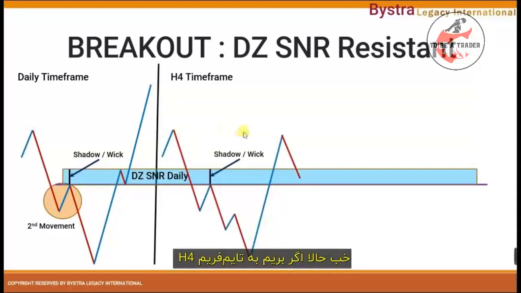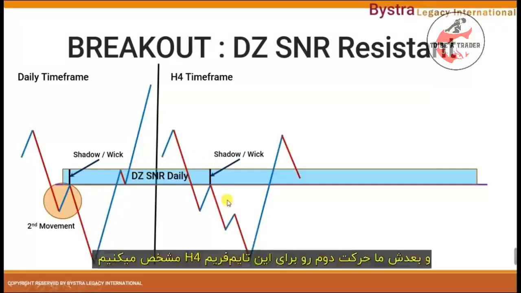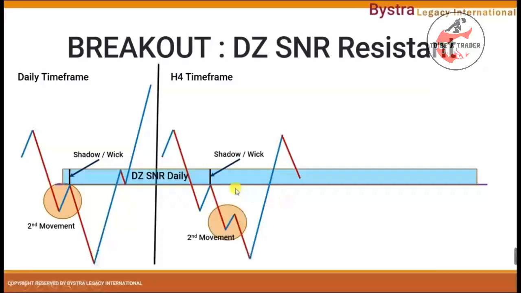Now if we go to the H4 time frame, we are in the danger zone SNR for daily. Okay, nothing has changed. And then we mark our second movement for this H4 time frame.